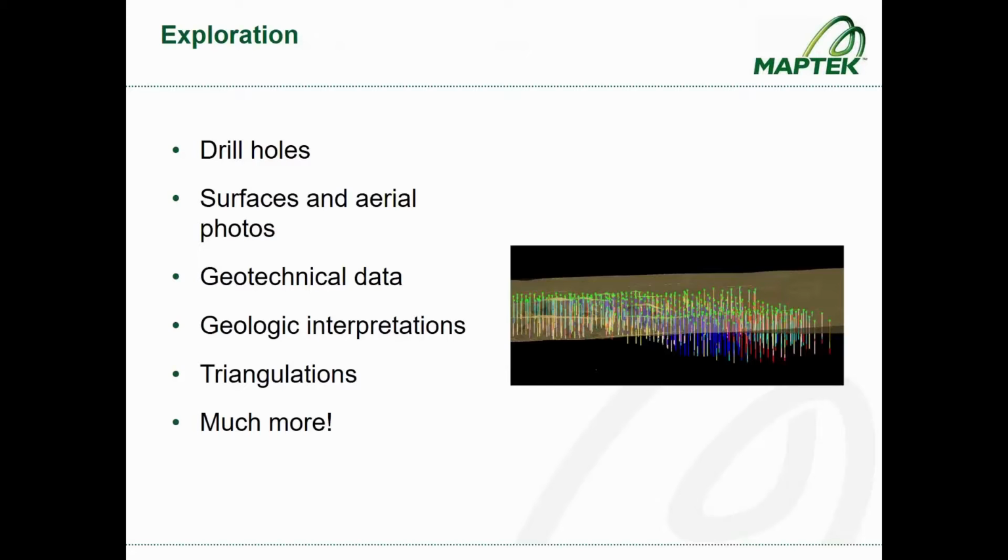And you can zoom in and rotate these all from a very large scale all the way down to a single interval within a single drill hole. What's important about this is you can get all of these different data types in one place on one screen, and then use the 3D window to help get a spatial understanding and a connection between those data types.